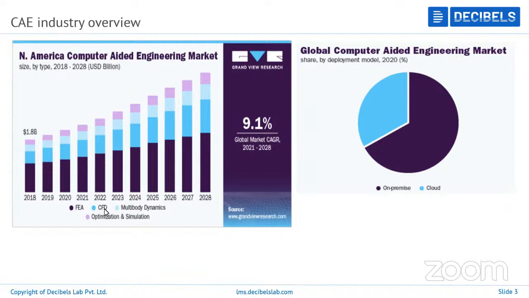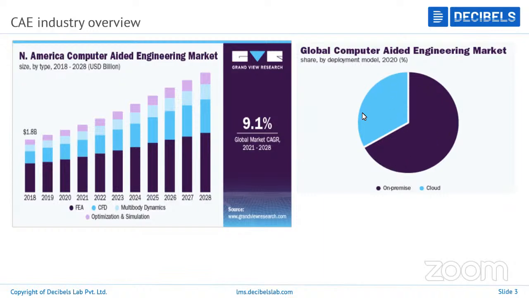In the current CAE market, they are moving on from earlier practice. Earlier, they deployed the software at the customer end. For example, if I take some CAE software, they come to our side and deploy the software. But now they are moving to the cloud, as we can observe in the right image.